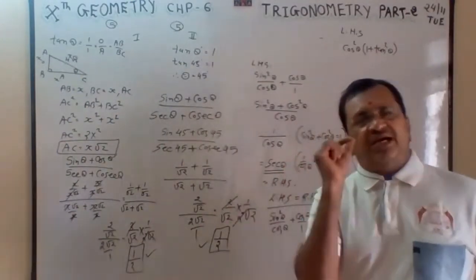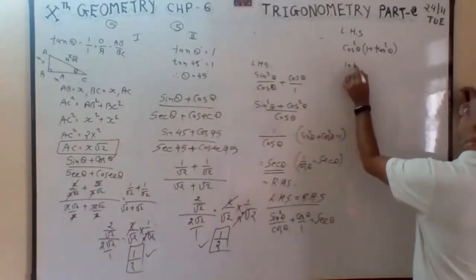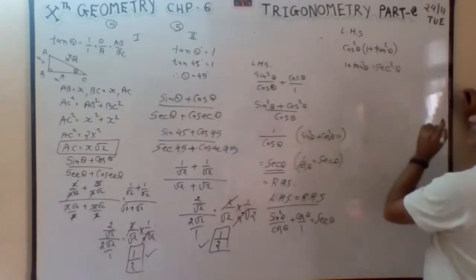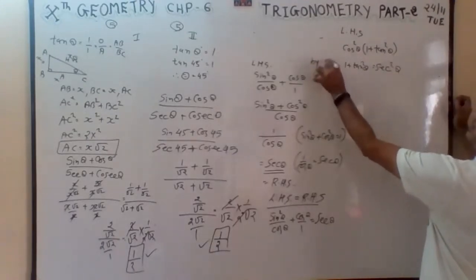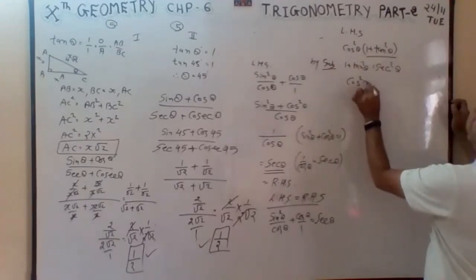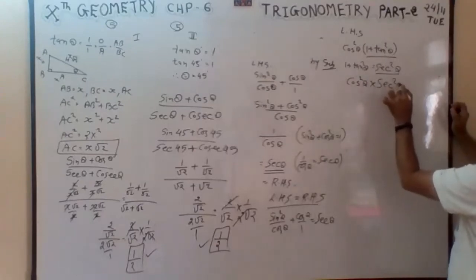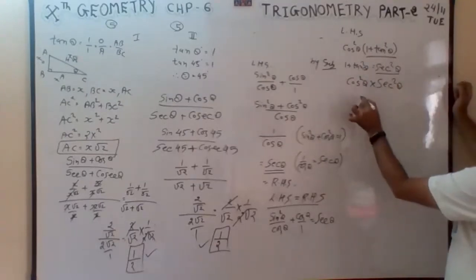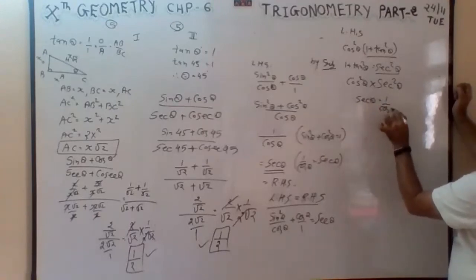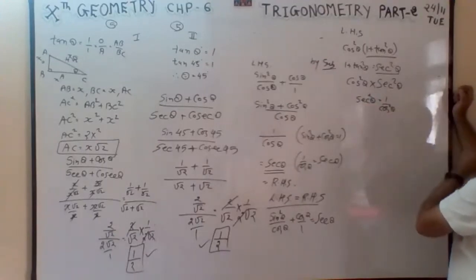Identity second: 1 plus tan square theta is equal to sec square theta. By substituting you can write, this much will be same, this will be sec square. And we know that sec theta is equal to 1 by cos theta, or sec square theta is equal to 1 by cos square theta.